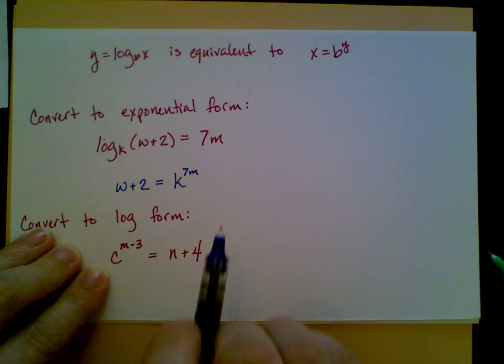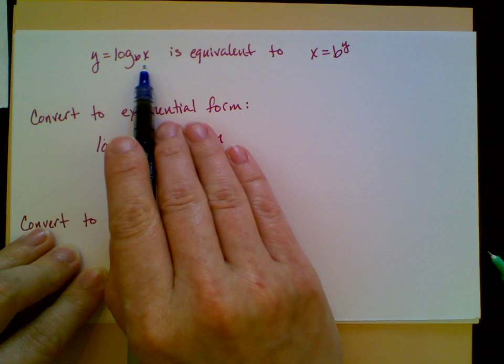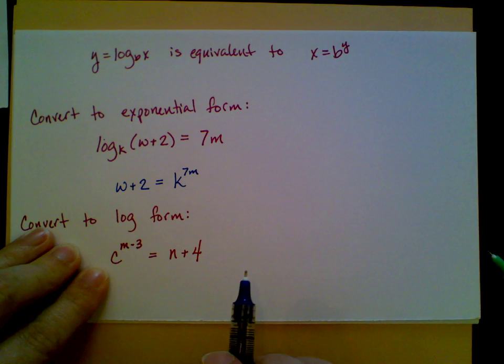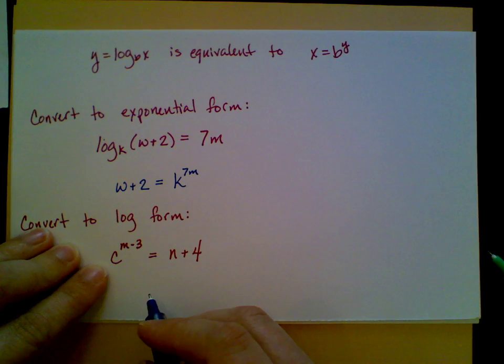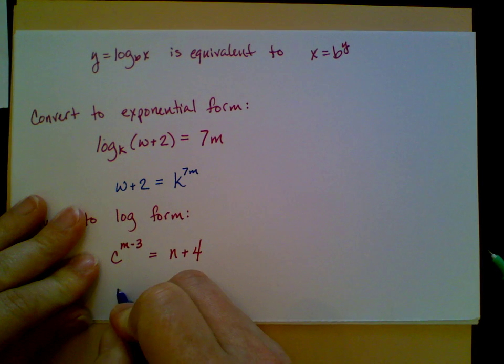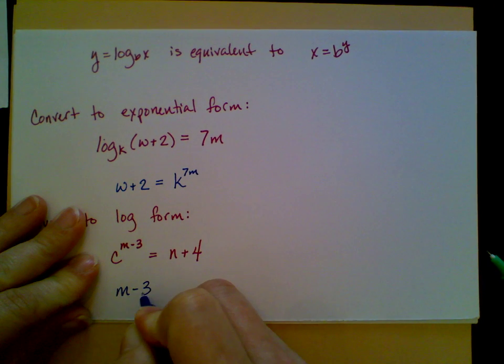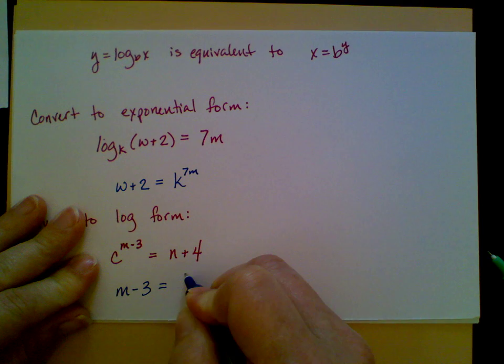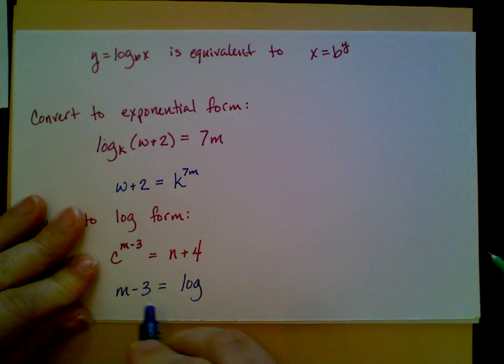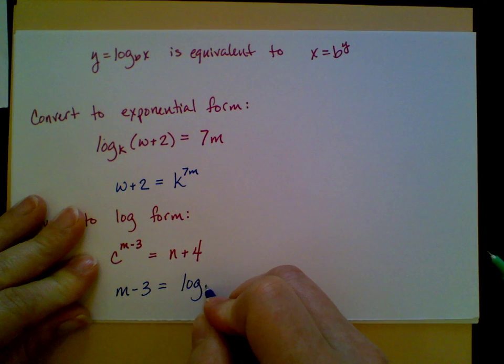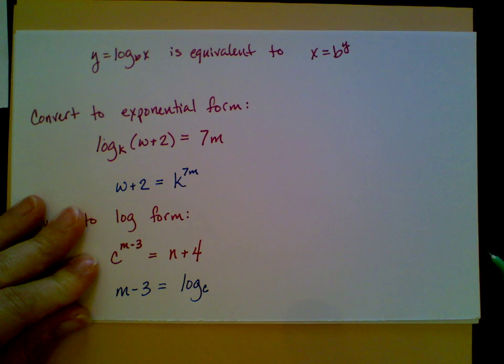So if I'm going to write this in the form y equals log base b of x, y is the exponent, so it's the m minus 3 equals log base. C is the thing that is being raised to the exponent, so that is the base.